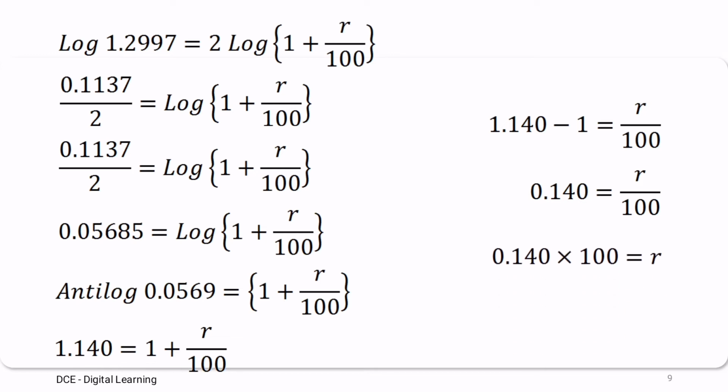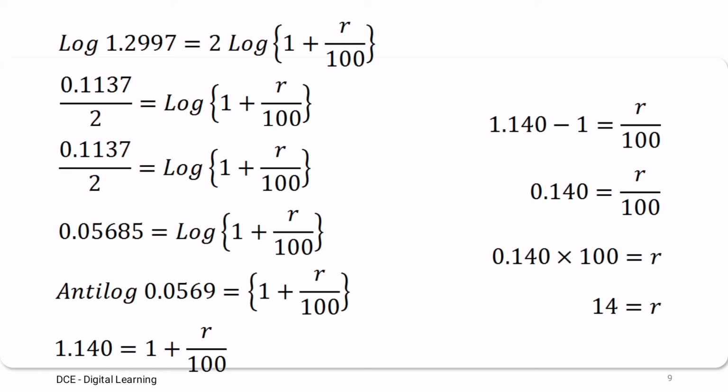Division by 100 goes from right hand side to left hand side and becomes multiplication by 100. So 0.140 into 100 equals R. So the rate of interest is 14%.